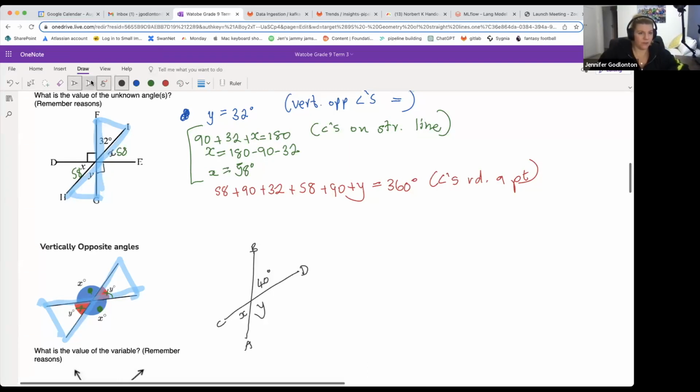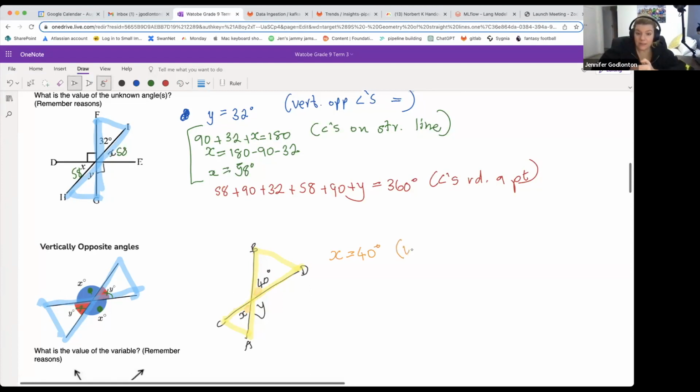Okay, great. So we've got a straight line over here and we've got a straight line over there. We can make it into a bow tie. If we can make it into a bow tie, we can do vertically opposite angles. And that means that this angle is equal to that angle. So we're going to say X is equal to 40 degrees because they must be the same as each other because they're opposite each other.